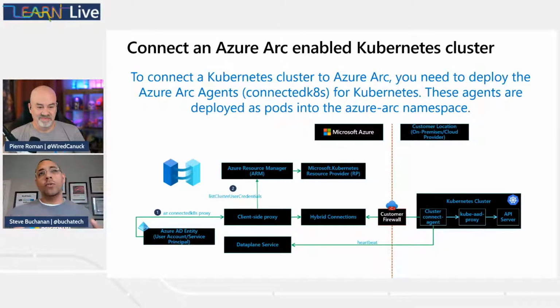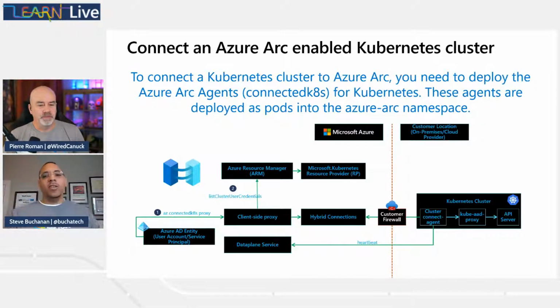Now, as you're going through Microsoft Learn and the documentation, you'll see your external Kubernetes clusters referred to as projected Kubernetes clusters. The reason is that we have an external Kubernetes cluster and we're projecting that into Azure Arc, right?